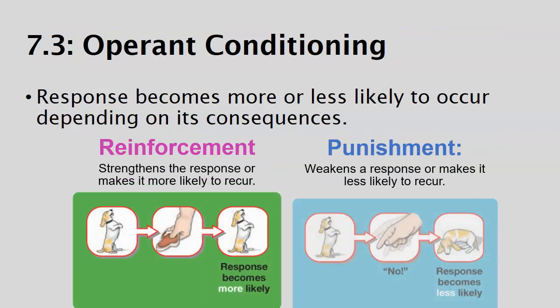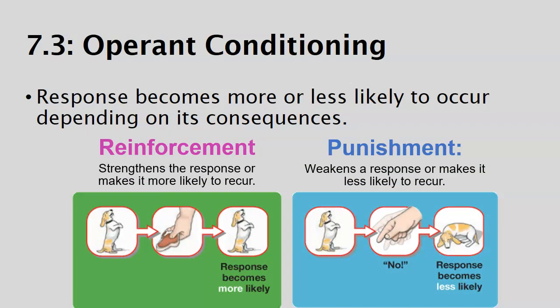All right, so let's shift gears and talk about operant conditioning, which is the second type of learning talked about in your textbook. With operant conditioning, we're essentially talking about whether the animal's response will become more or less likely. For one of your class activities this week, you're going to be asked to identify whether a scenario describes reinforcement or punishment.